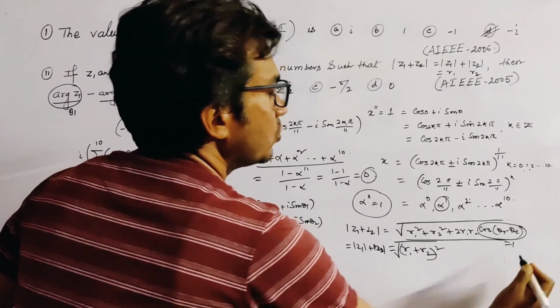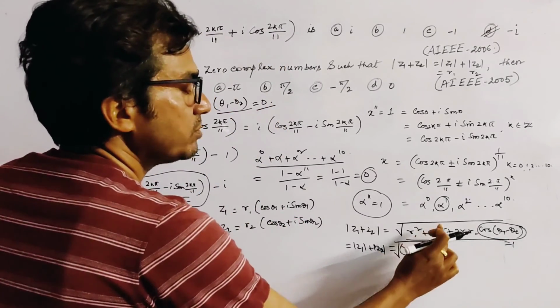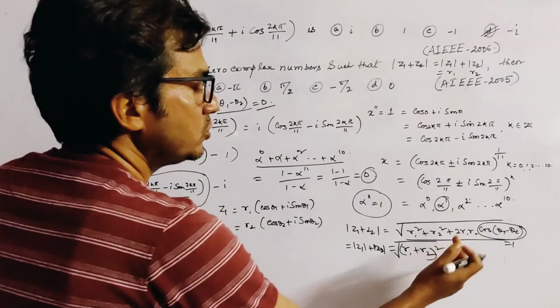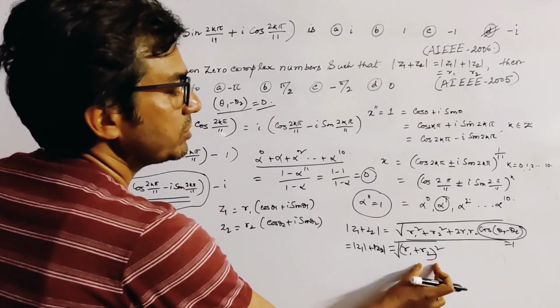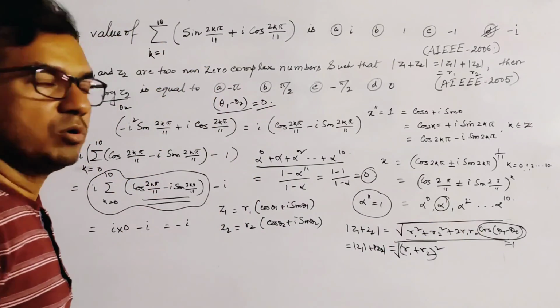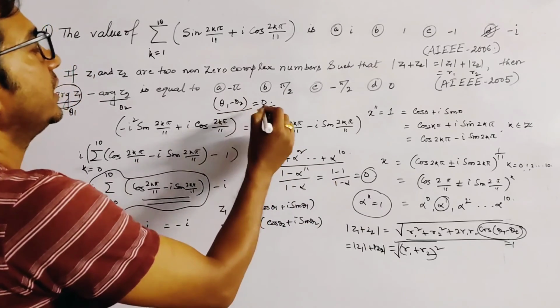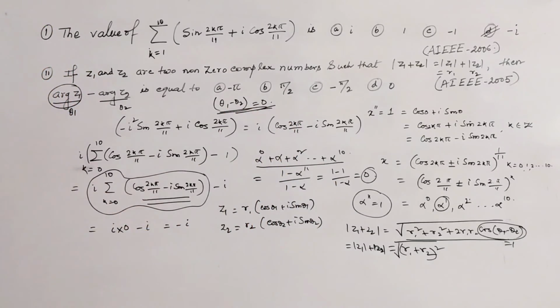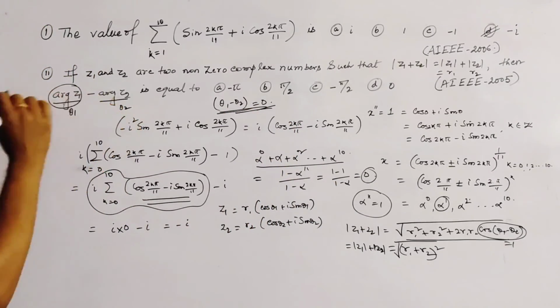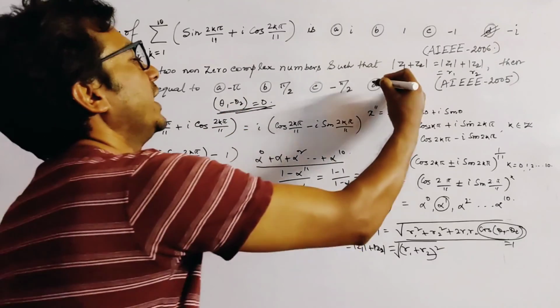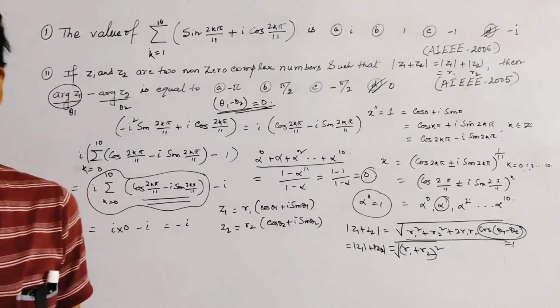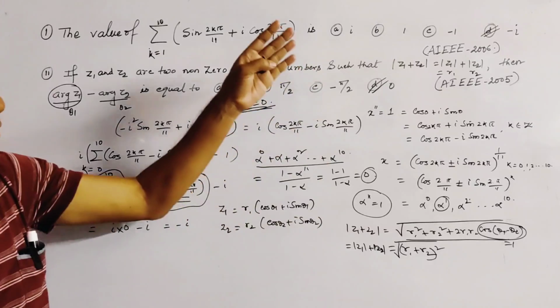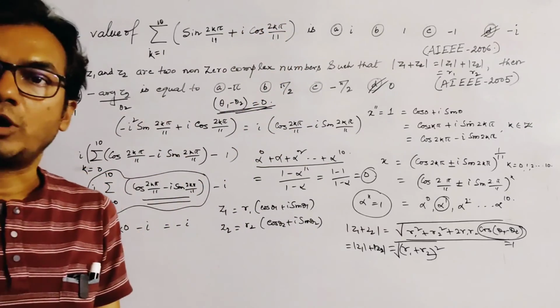Then we get R1 squared + R2 squared + 2 R1 R2, which is the formula of (R1 + R2) whole squared. So argument Z1 minus argument Z2 is equal to 0, and option D is the correct option. So both answers are option D.